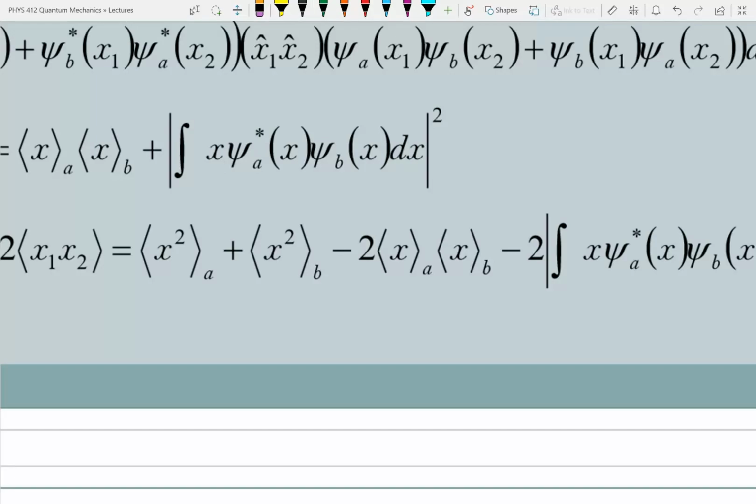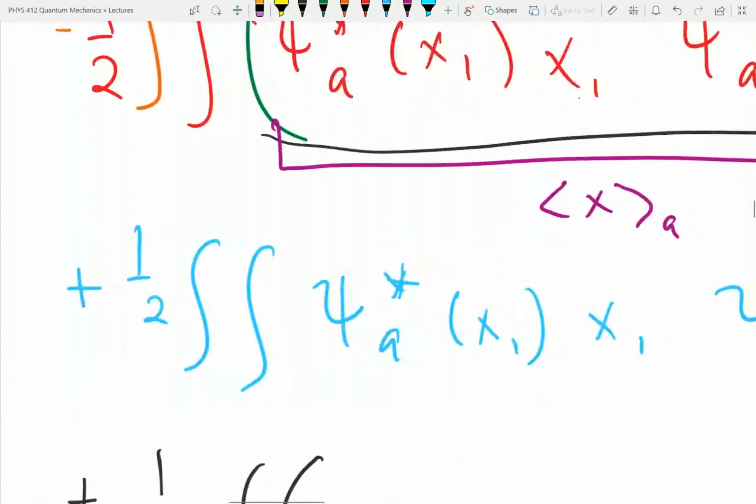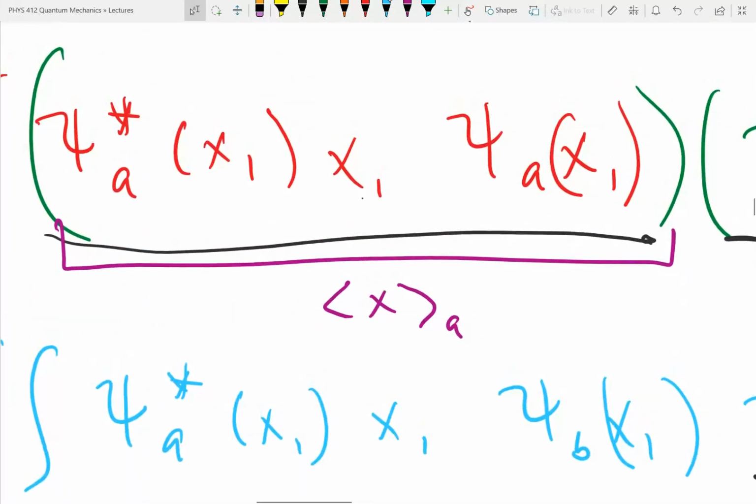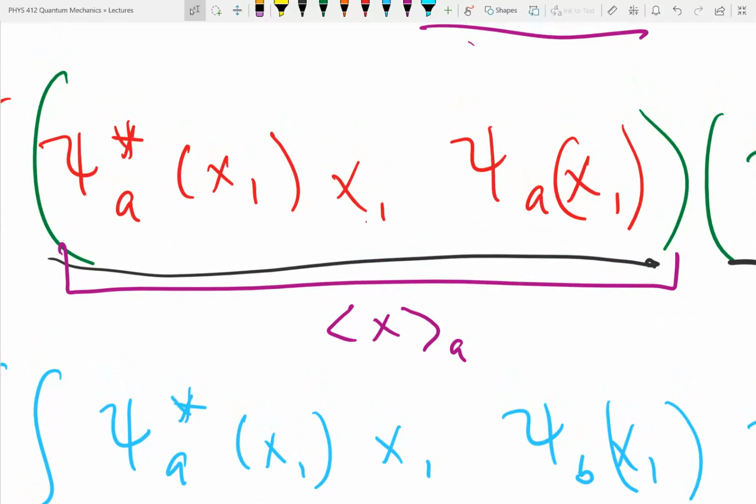Oh, yeah, they didn't go to 0 because the function is no longer psi A psi B. It's psi A psi B times something.